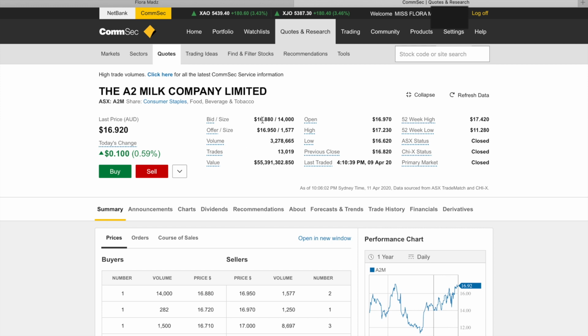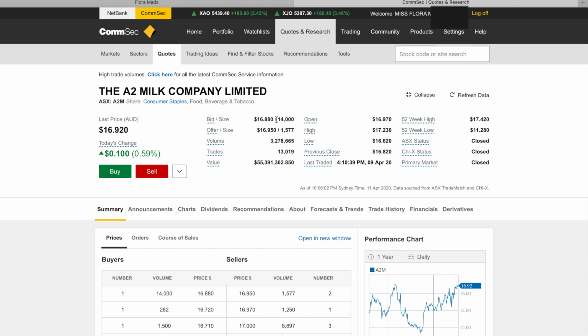Buyers want to buy low, so the highest bid they're going to offer is always going to be lower than the market price. And sellers want to sell high, remember you buy low, you sell high, so you'd always find that the lowest price they want is higher than the market price.